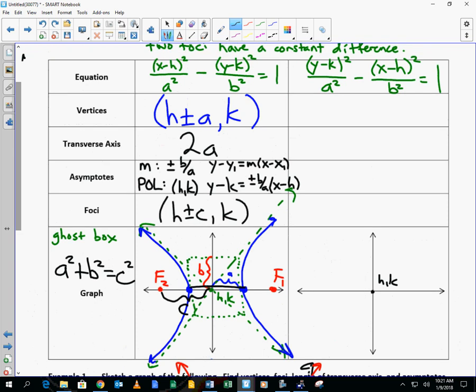A units up. And horizontally? B units over. I draw my asymptotes right through the diagonals.